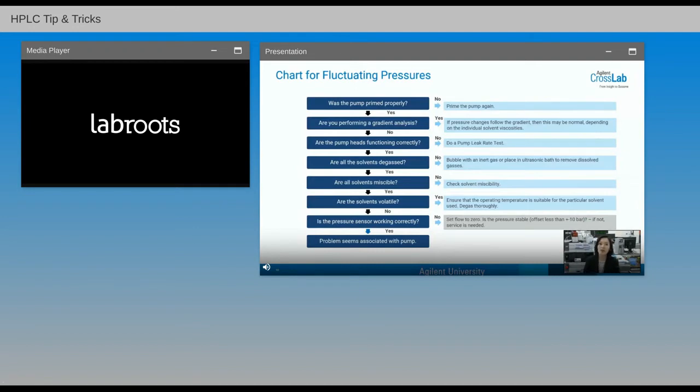Pressure test and pump leak test can check whether there's any physical leak or internal leak when you perform the pump inlet leak and pump leak rate test, because they check, based on the pressure, whether the pump can sustain the pressure at a certain time range and certain flow rate, to determine whether there's any internal leak in the pump itself.